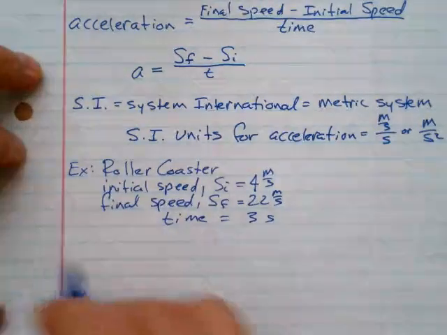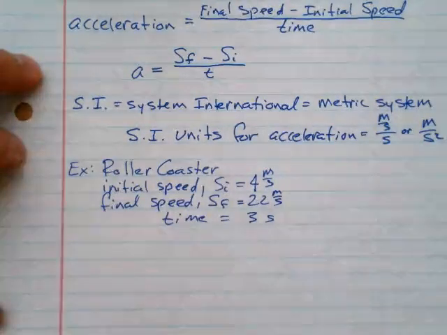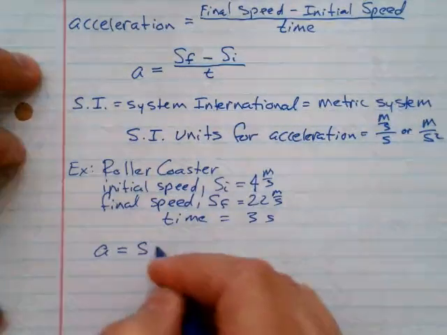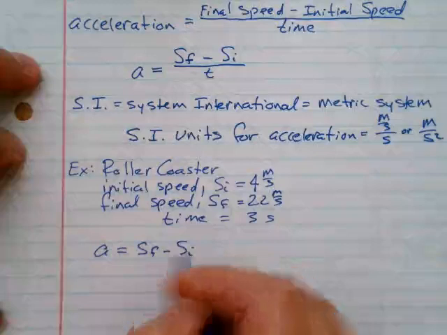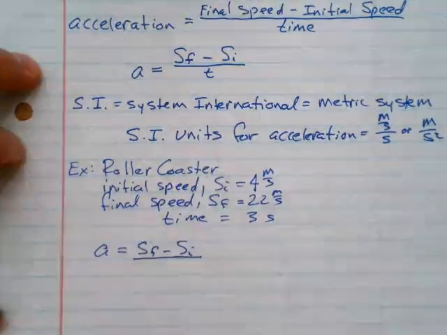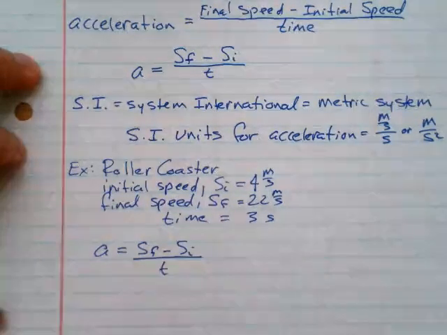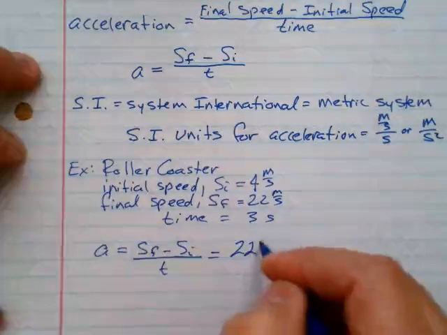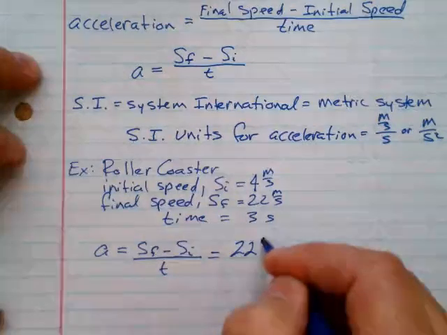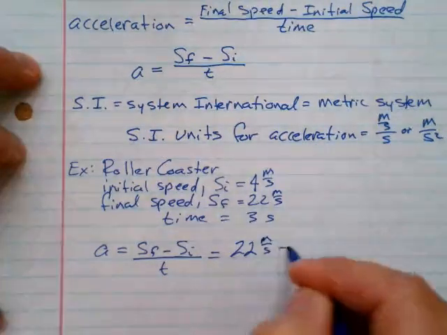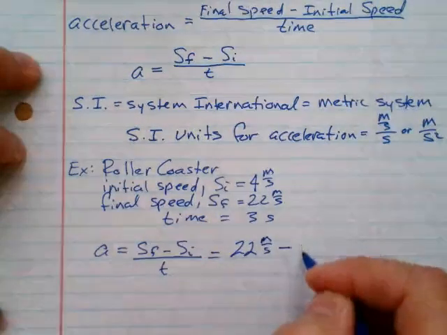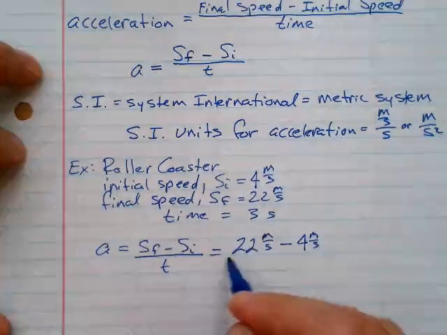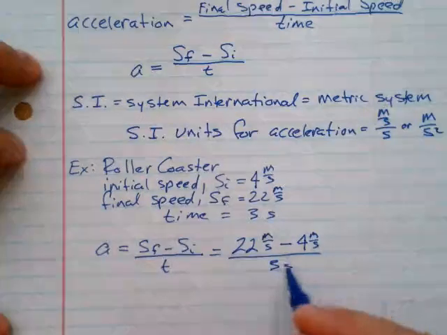Let's write it all out. I'm going to write it across to save a little bit of room. Acceleration equals S sub f, speed final, minus speed initial, S sub i, divided by the time it took. Using the numbers from the example, 22 meters a second is our speed final, and we subtract the speed initial, which is 4 meters per second, and divide all of that by 3 seconds.